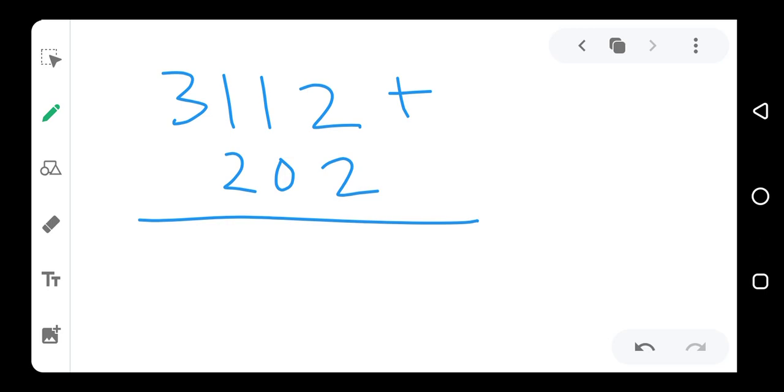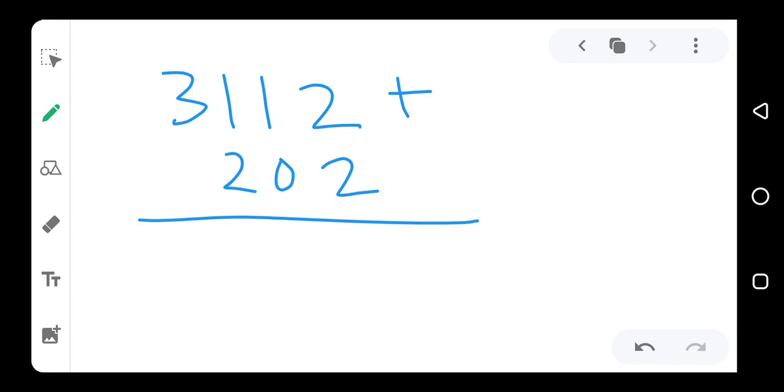If you are working with base 5, the highest number is 4. If you are working with base 2, the highest number is 1. So we have 2 plus 2 is 4. We can't have up to 4 when we are working with base 4.